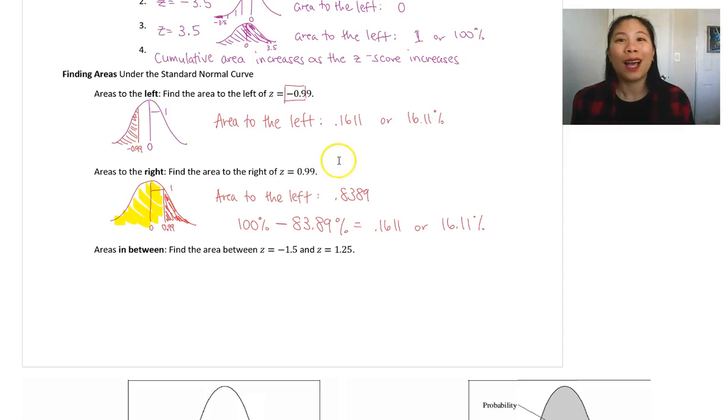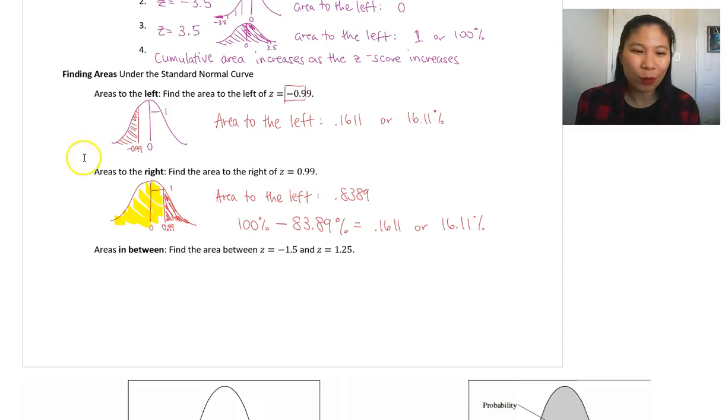Really weird. But if you think about this, remember your normal curve is symmetric on the two sides. So a z-score of negative 0.99 versus a z-score of positive 0.99 means you're the same distance away from the middle. Just one's on the left, one's on the right.